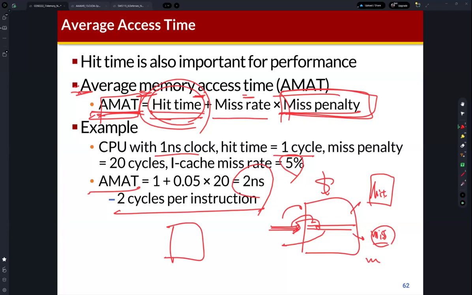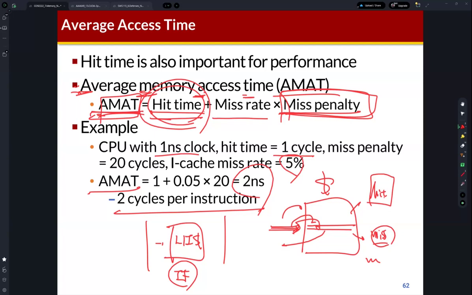If we do not consider the cache misses, this is the L1 I cache, and the access time is very low, so the processor consumes 1 cycle for the instruction fetch stage, right?